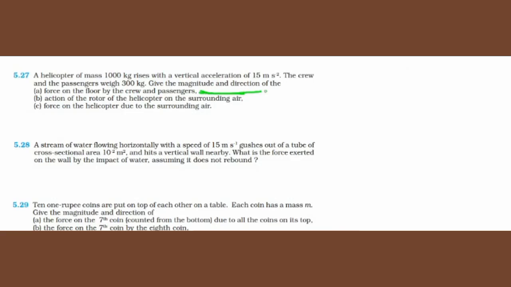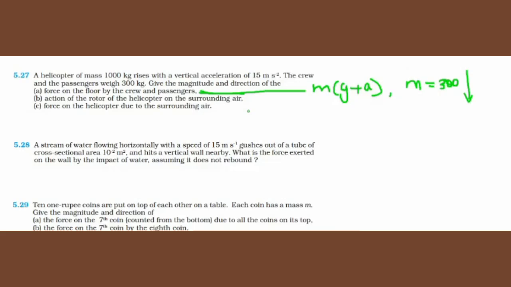and passengers. Okay, so force is equal to m into g plus a, and m you have to take as 300 now because it is because of crew and passengers, and this force is acting downward. Next, action of rotor on the helicopter.